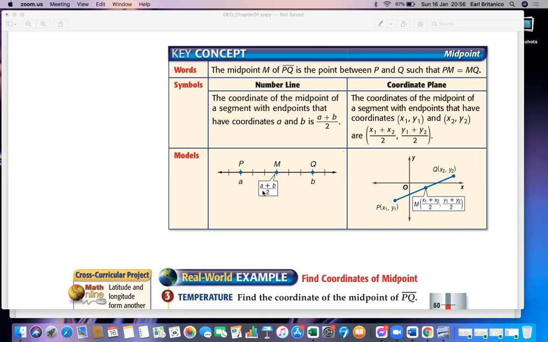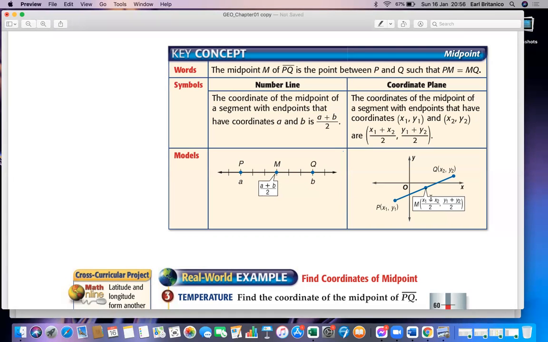And that's why you see the over 2 in the formula, because you simply divide it into 2. So the formula of midpoint, for 2 points on a straight line, you simply add the numbers and then divide by 2. So a plus b divided by 2.